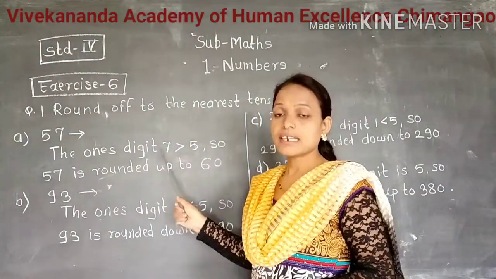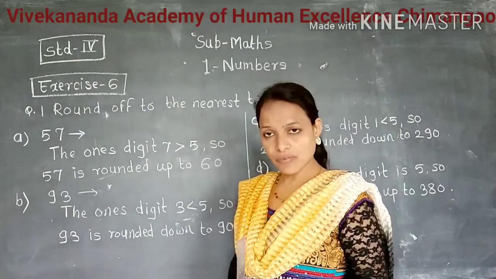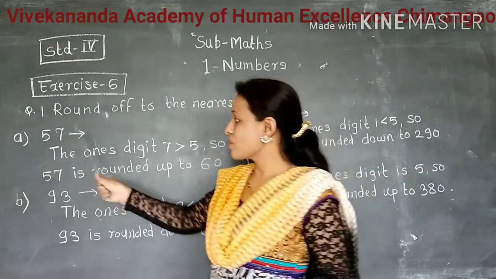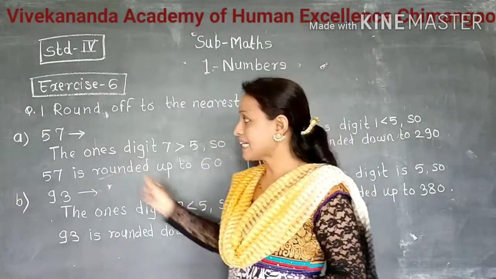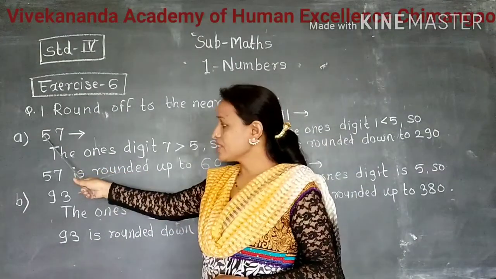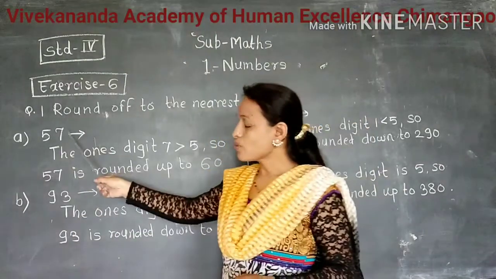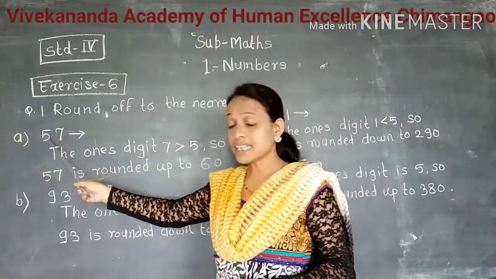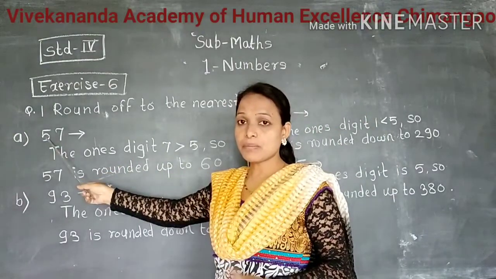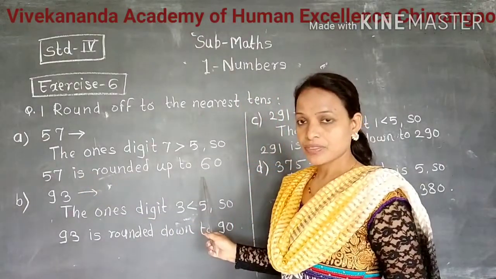We have learned that if the digit at ones place is greater than 5, then replace the ones place digit by 0 and increase the digit at tens place by 1. So here the ones place digit 7 is replaced by 0 and we increase the tens place digit by 1. So 5 plus 1, 6.